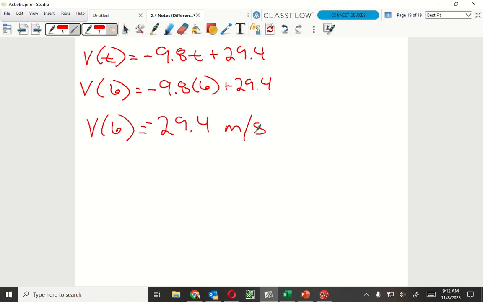The negative out front means it is going down, right? It's hitting the ground at that time. That's important. If it was going up, it would hit the roof. Remember, I said a little bit ago, the absolute value of this is my speed. So it's always going to be positive. You can't have a negative speed.